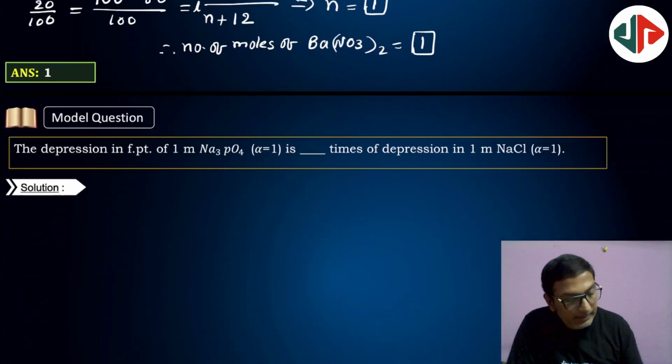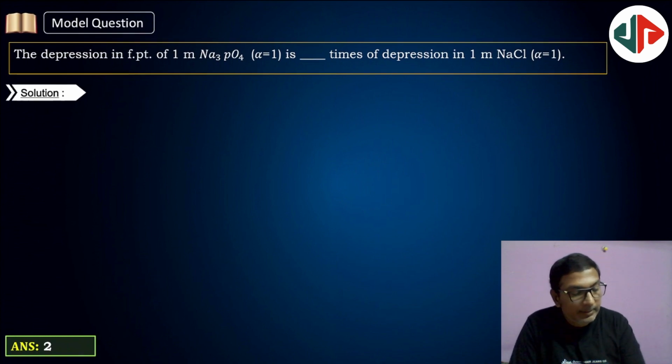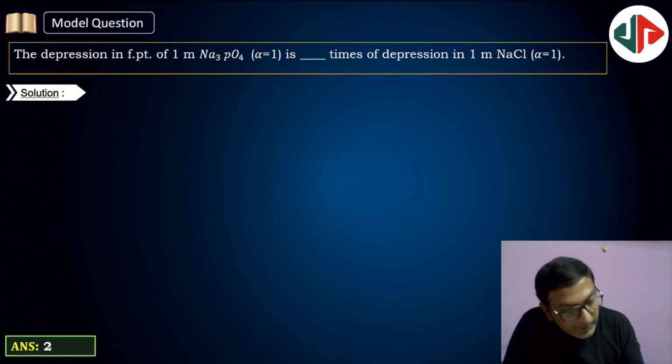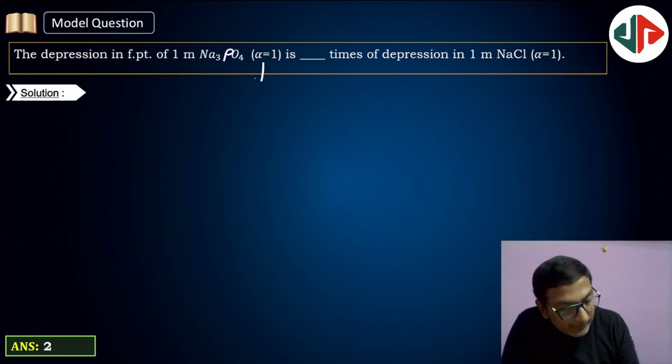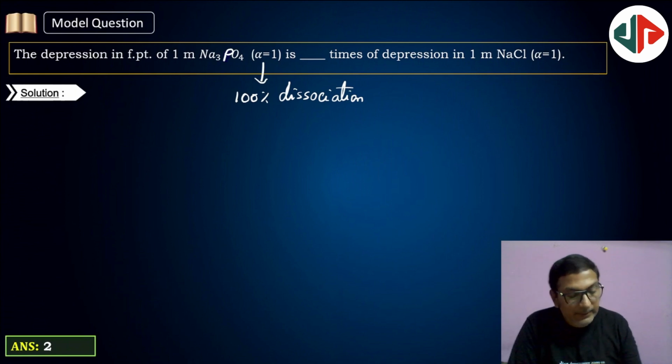Next. So the depression in freezing point of 1 mole of Na3PO4, sodium phosphate, is dash times the depression in freezing point of 1 mole of NaCl. Alpha equal to 1 means 100% dissociation. So very important.